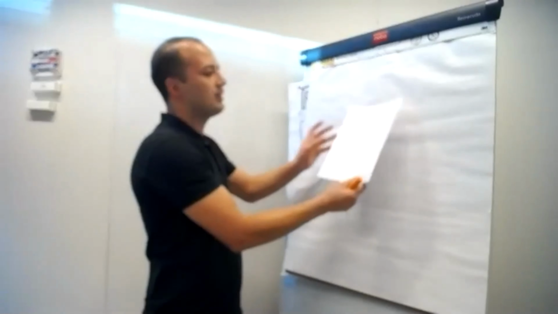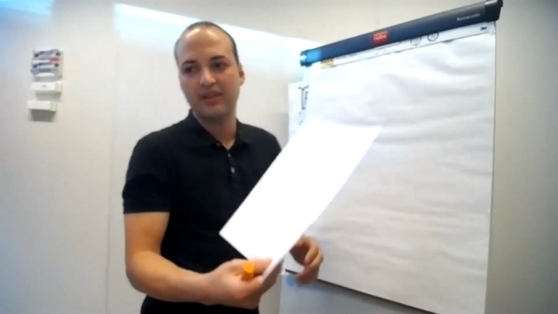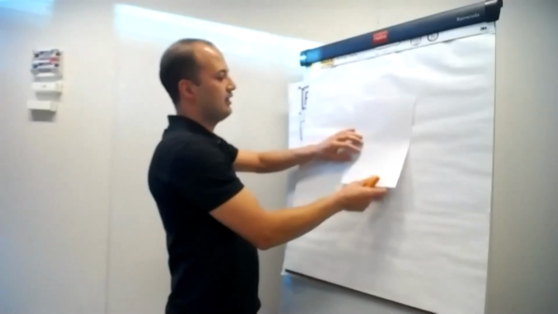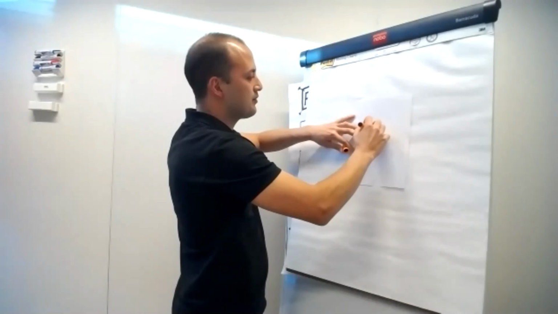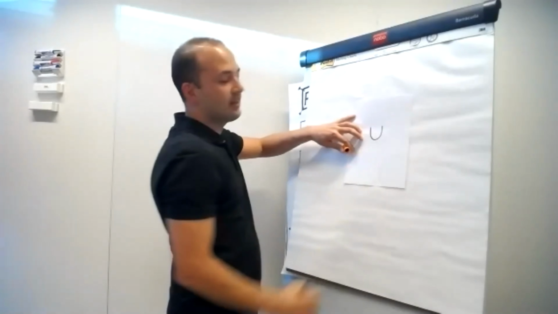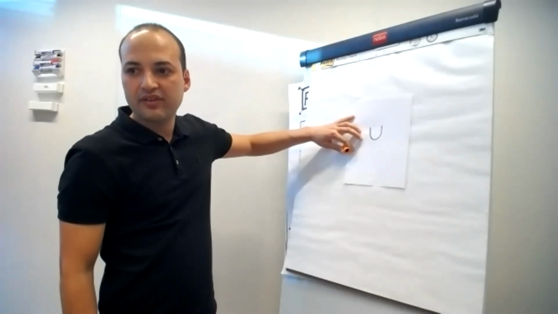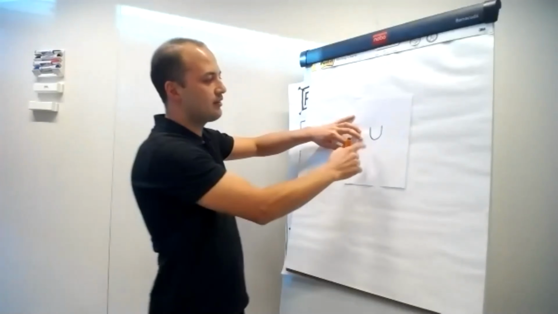So the first one is really easy. If you have a paper, you can just draw a U like that. I hope you can see it well here in the flip chart.